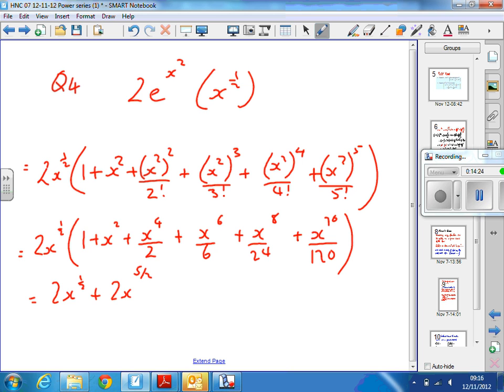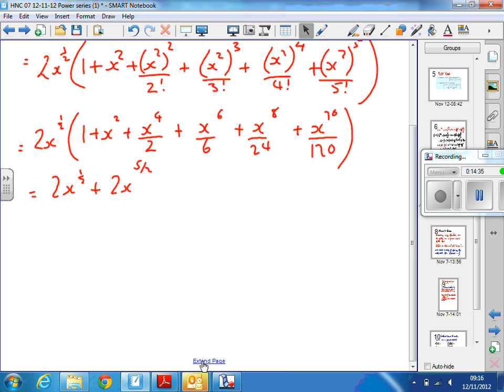We write it like that because later on we might want to write it in root form. 2.5 is 5 halves. Yep.